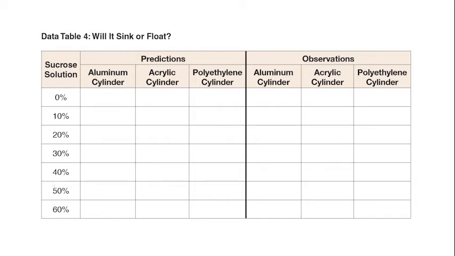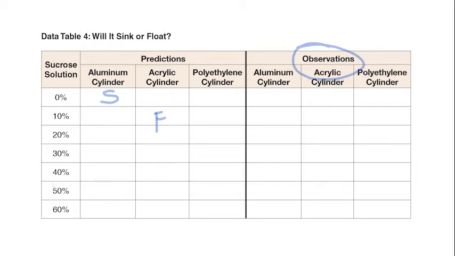With your solutions of sucrose, just put some clear plastic wrap over the top of them, and then do it in the morning once you've done all your calculations. Then fill in your predictions, either S for sink or F for float, and then just see whether the observations agree with you. Okay.